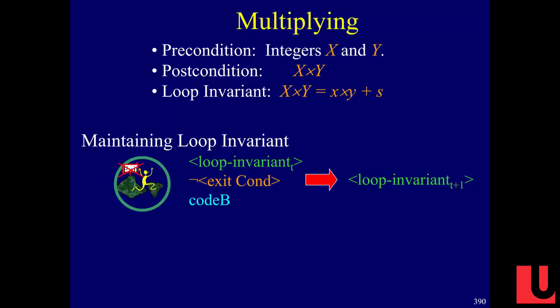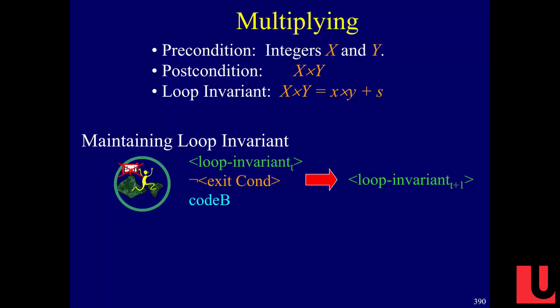In fact, here I'm saying I fly in from Mars. I don't know how I got here. Well, what's good about that is I don't know if I got here by subtracting 1 from x or by dividing x by 2. It doesn't matter to me how I got here. All I know is I'm here, and my loop invariant's true, and I need to maintain it.